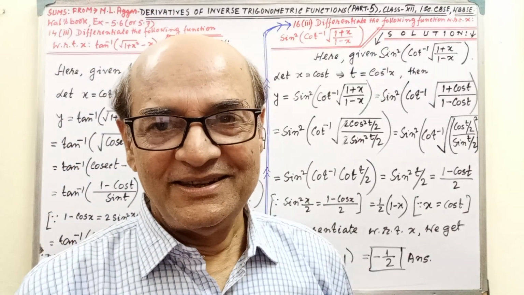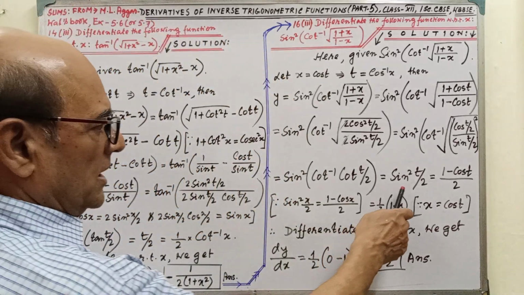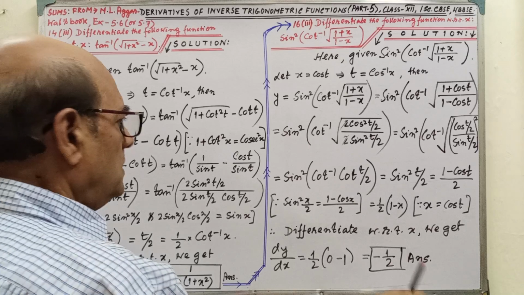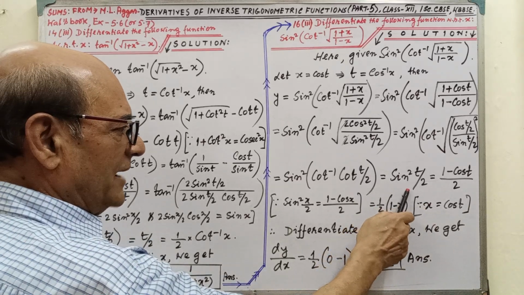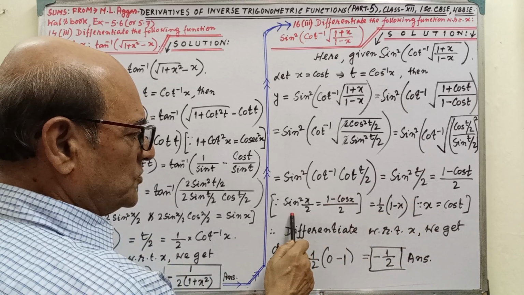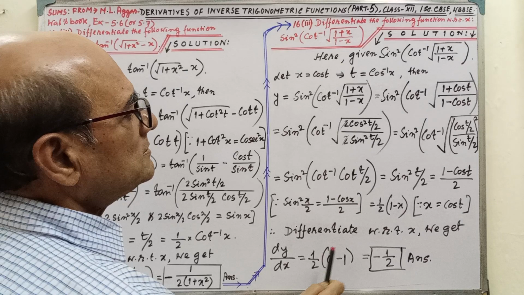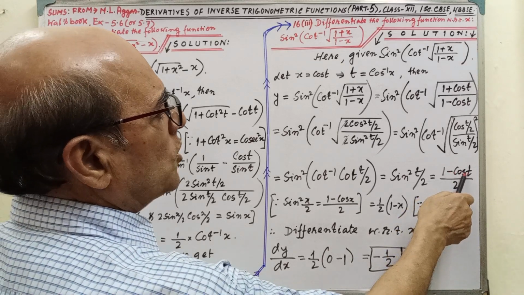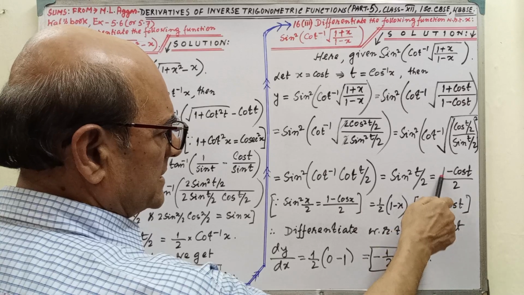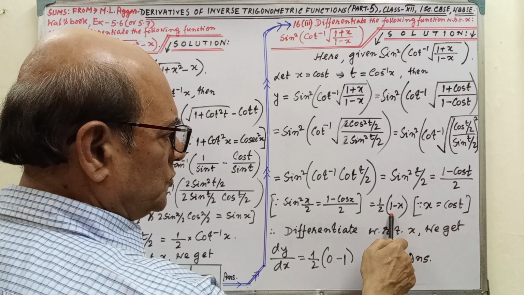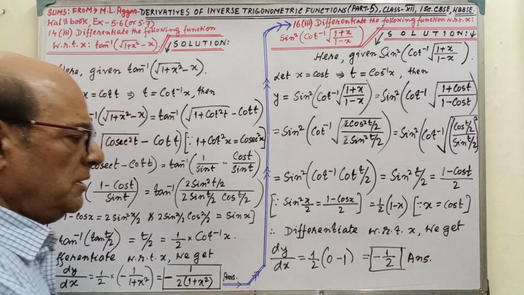See in how many ways we are applying the formula of submultiple angles. That you have to learn and you have to remember. Here 1 minus cos t. In place of cos t, we are writing x, that is half into 1 minus x, since x equal to cos t.